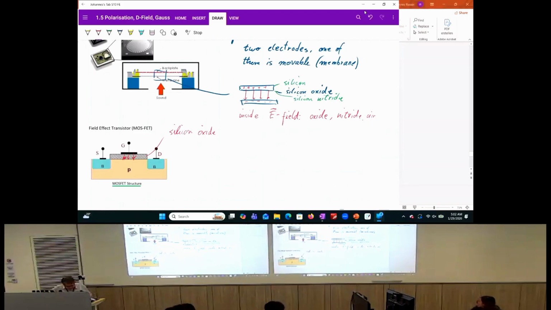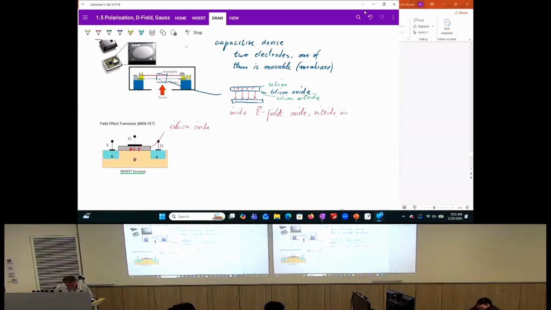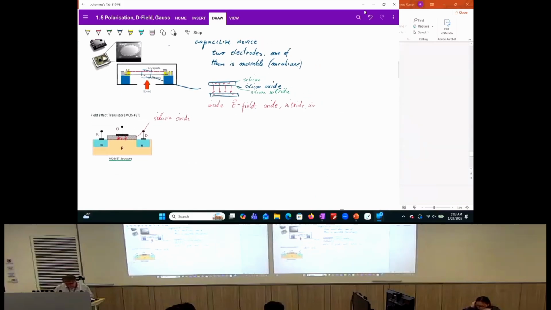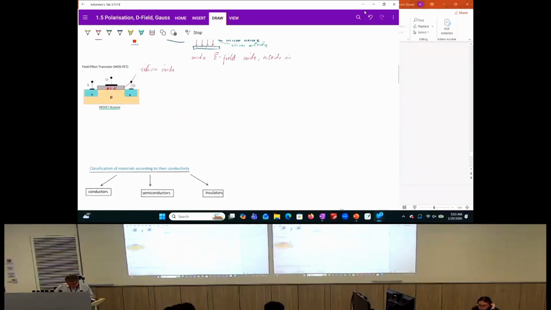This is the design where you have source, gate, and drain, and you have the different dopings of the silicon, and there you have also inside that transistor structure capacitive layers that are forming, and so yeah, that is also relevant here in the broader picture.